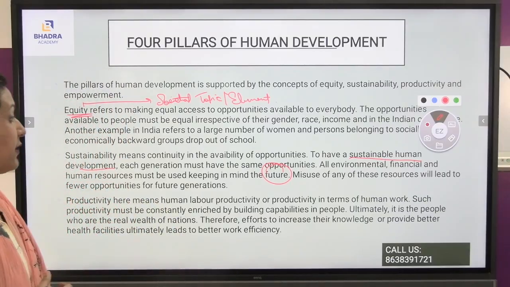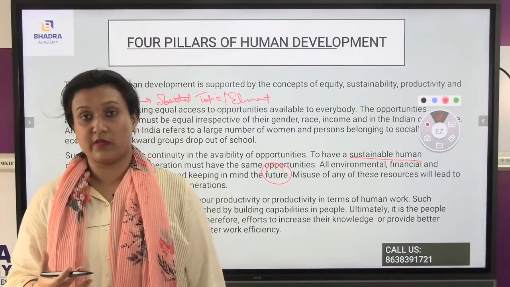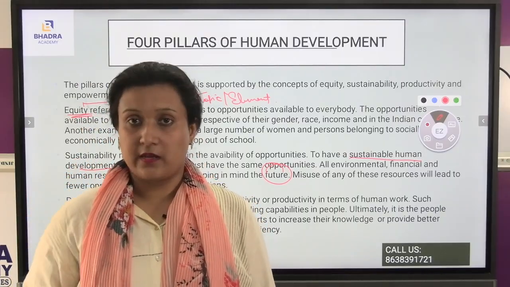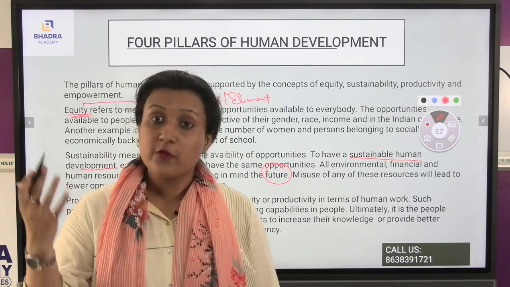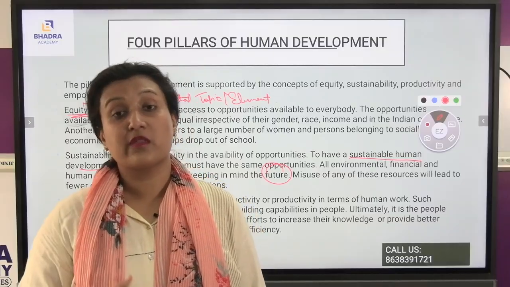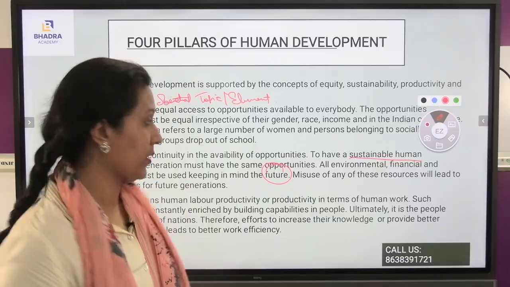Also, misuse of any resources: if you misuse those resources, or don't use them in a better way, they may go extinct, and our future generation will not be getting those resources. As a result, the word sustainability must be kept in mind by each and every individual.